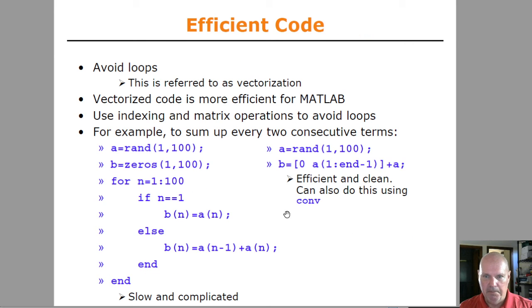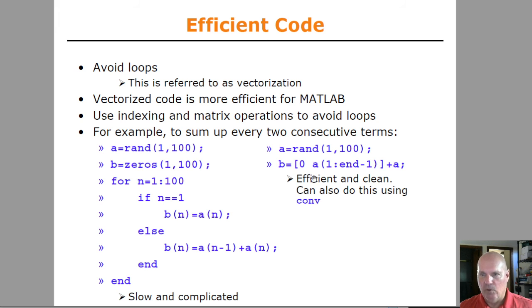Okay, here's another example. We've got a vector of random numbers, and we want to form a new vector by adding up all of the consecutive terms in the original vector. Again, the first approach might be to use a loop, looping over all the elements in A, forming this new vector that is the sum of the current element and the previous one.